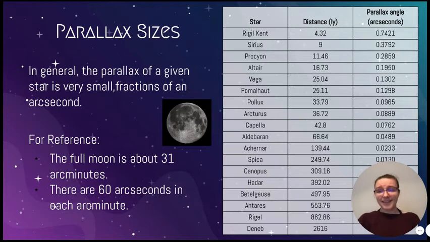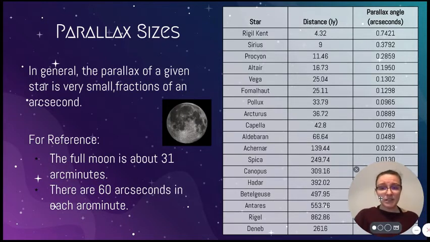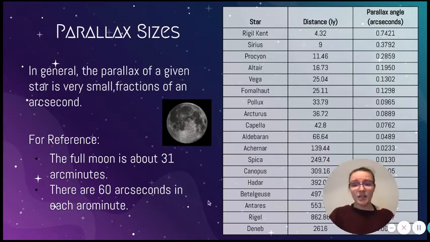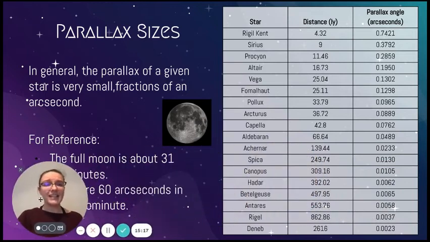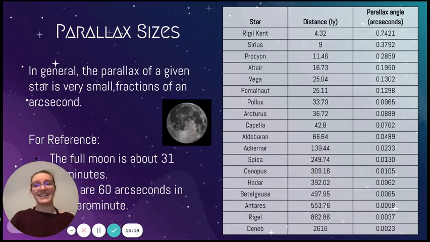If you look at this table that I've got, though, you might notice that there are some really, really tiny parallax angles, really small numbers. All of these are a fraction of an arc second. So remember, 1 degree gets broken up into 60 arc minutes. 1 arc minute gets broken up into 60 arc seconds. 3,600 arc seconds in 1 degree, the size of your pinky.